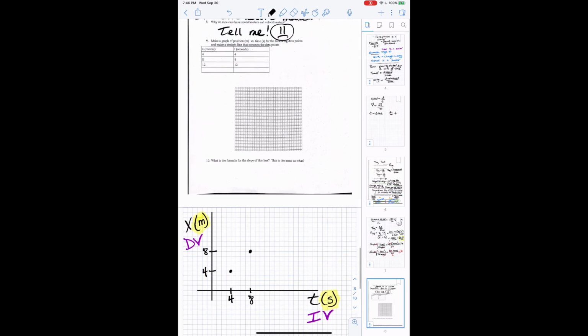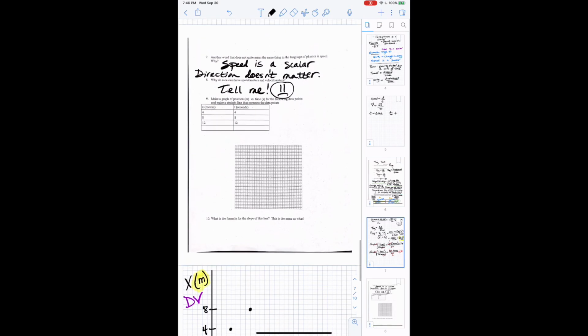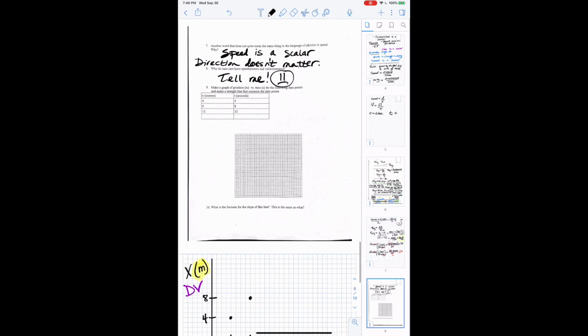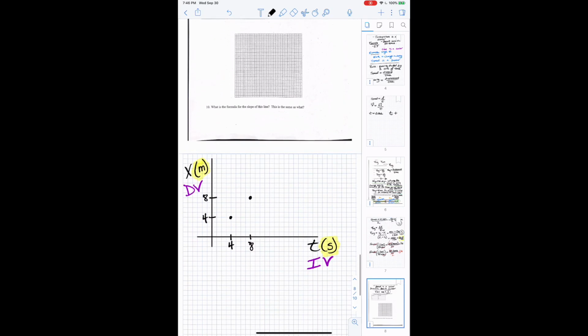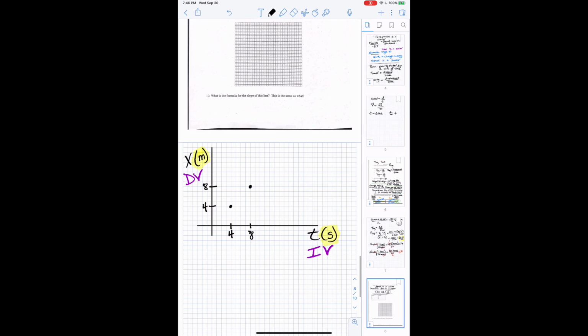It's been a while since I've had a math class, but I'm pretty sure that's right. 12 is the last one. Let's see. Ooh, this is turning into an eye test. All right, so put that point right there. Okay, I think that looks pretty good.